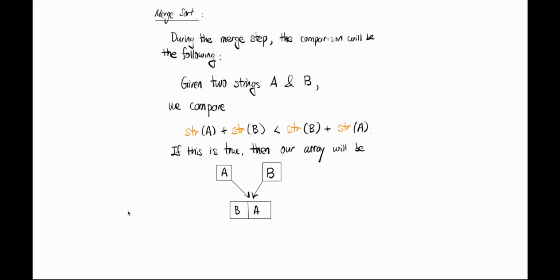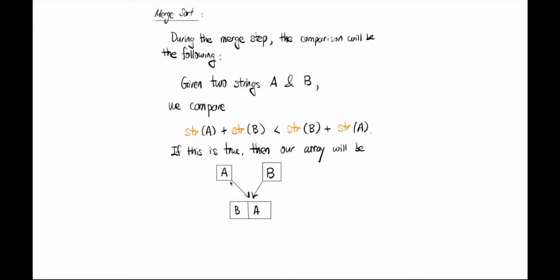As you can see, the only difference compared to the merge sort that you see in your introductory textbook is that we are making this comparison. We have a string a from one array and some number b from a separate array, and when we are combining these two, we make this comparison.